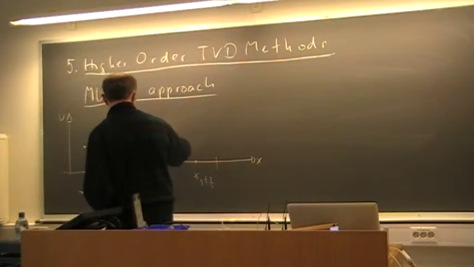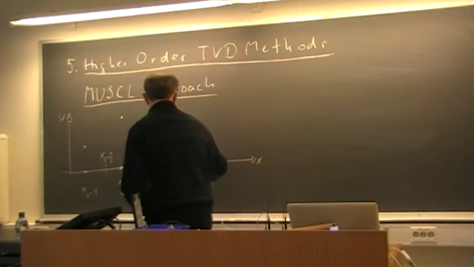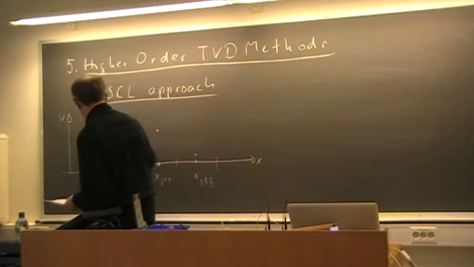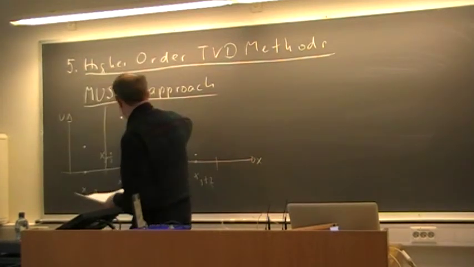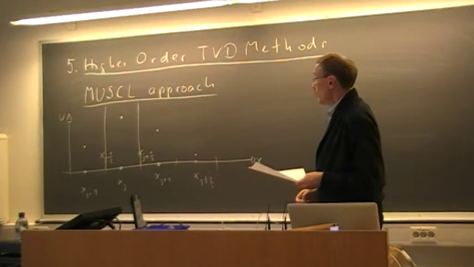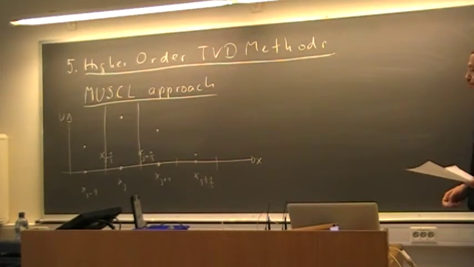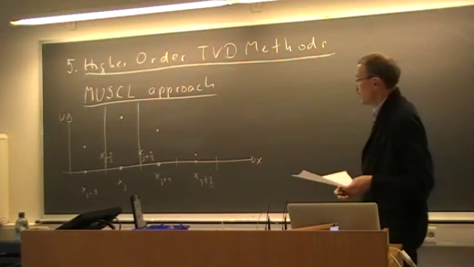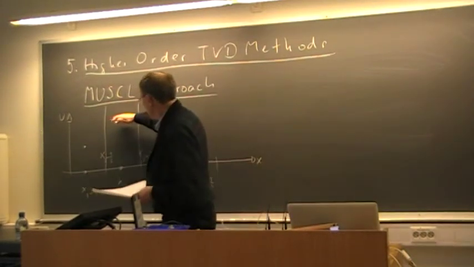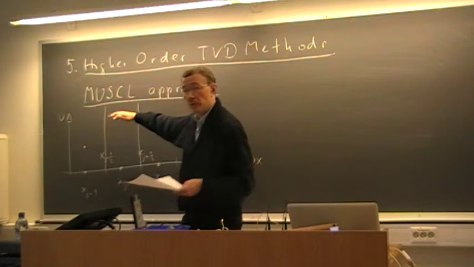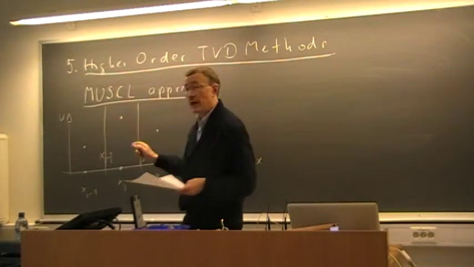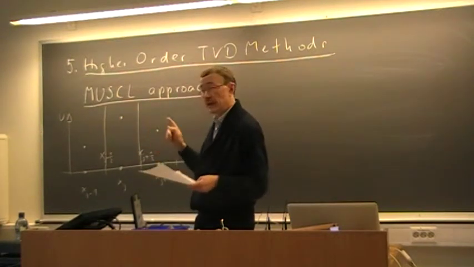And then we have been trying to get a more accurate representation. And lastly, we were discussing how we can, instead of having a constant distribution, which we call reconstruction in the cell, have a linear distribution or a linear reconstruction.